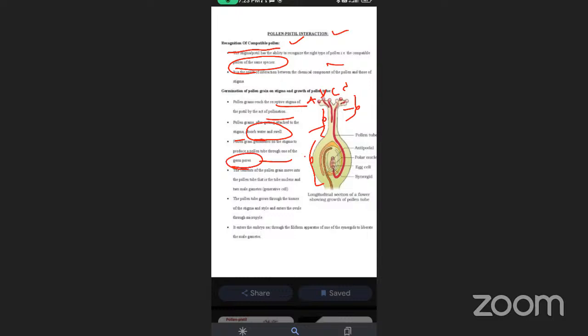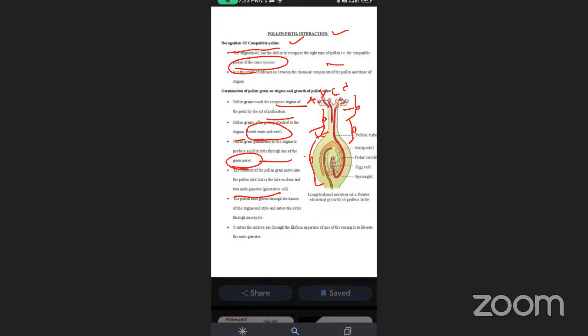Through the germ pore the pollen tube develops and enters into the style. This is the style. After germination, the pollen tubes penetrate the style layers and grow towards the ovule.